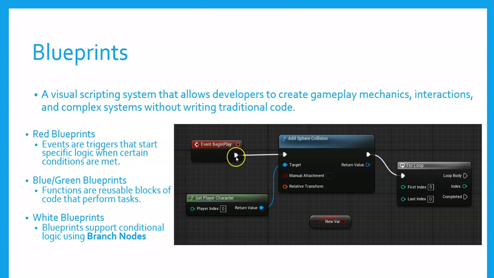You'll notice that there is a white arrow, and this line is something I added. You can see here it has a little arrow with nothing in it. You can just click and drag this, and what this does is say that this event is now connected to this blueprint. Now this blueprint is, again, a common one that you'll probably use quite a bit, which is Add Sphere Collision.